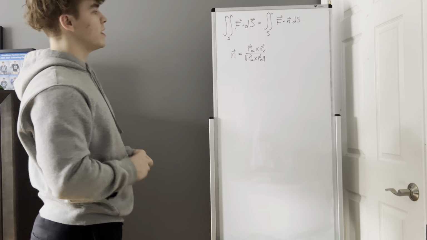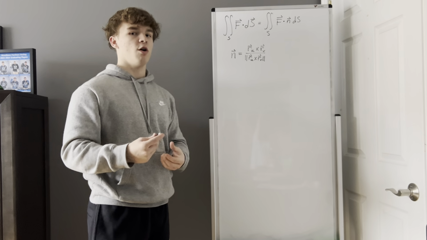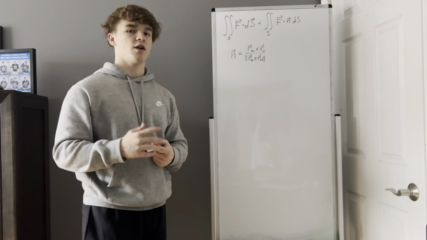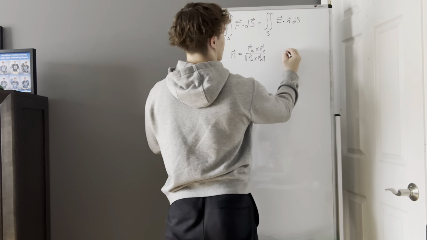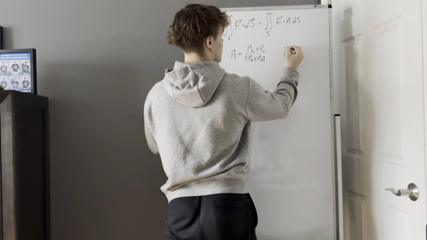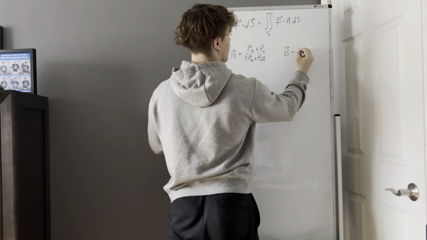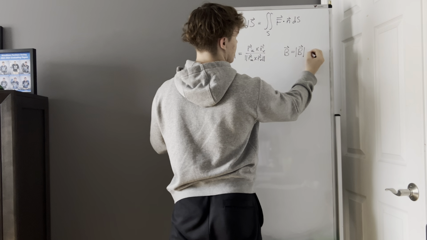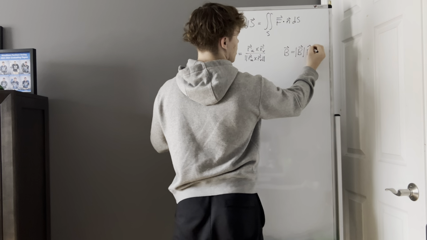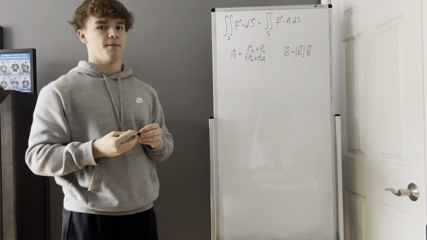The reason this is called the normal vector is, you may recall from physics, that a vector, say b, can be represented by its magnitude times the normal vector b.